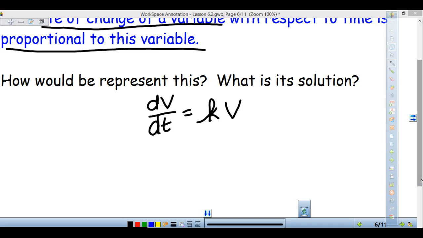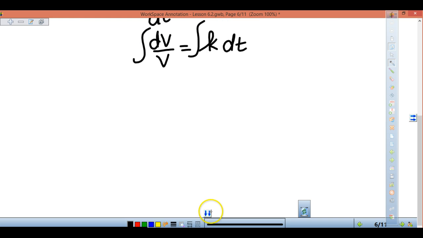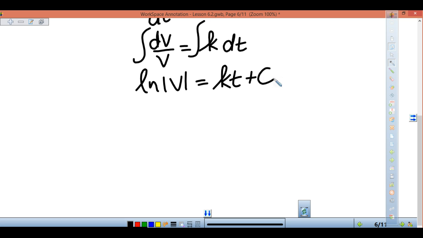All right, so what would be the solution to this differential equation? I want to separate my variables. I need v on this side, so I divide by v. I'm just going to leave the constant over here with dt. Okay, so I go ahead and solve. So natural log, absolute value of v, this would integrate to kt plus c. If I want to solve for v equals, I do base e to both sides.